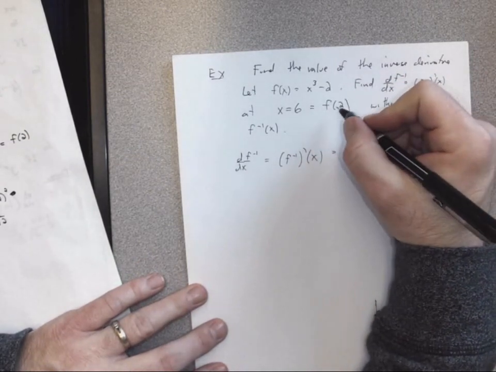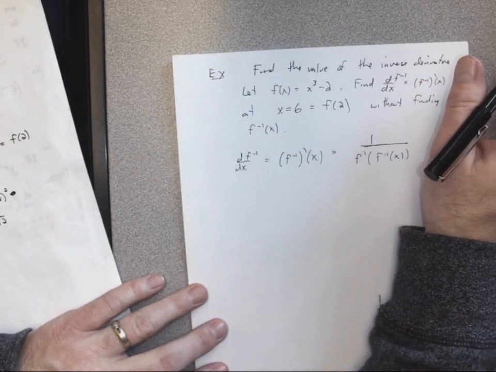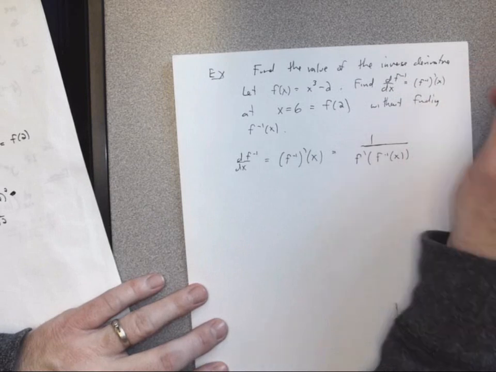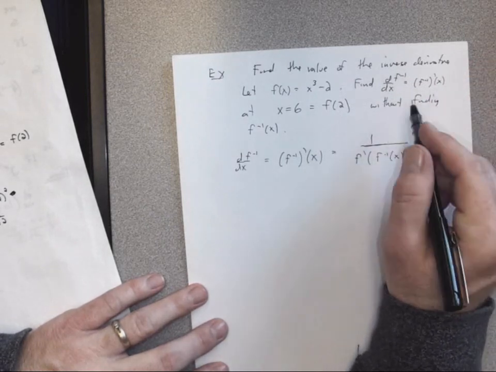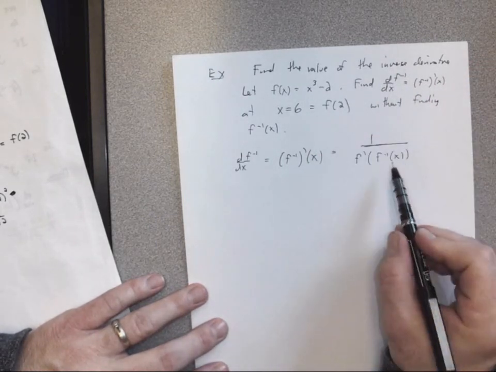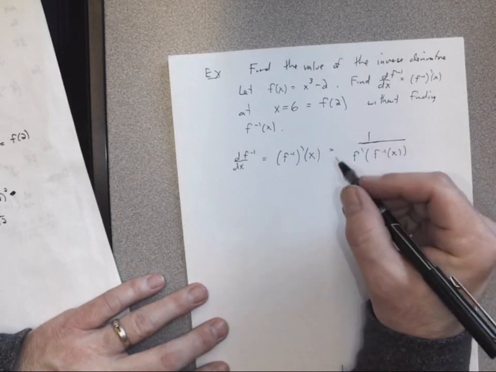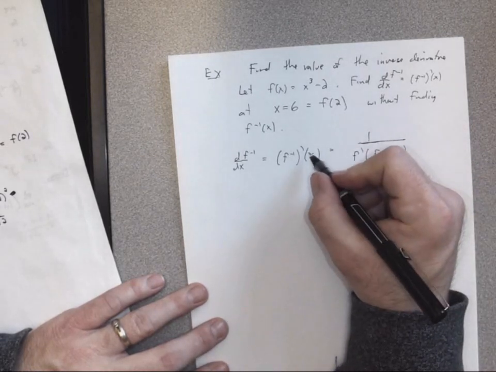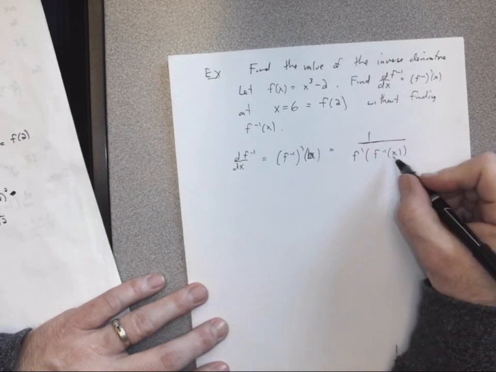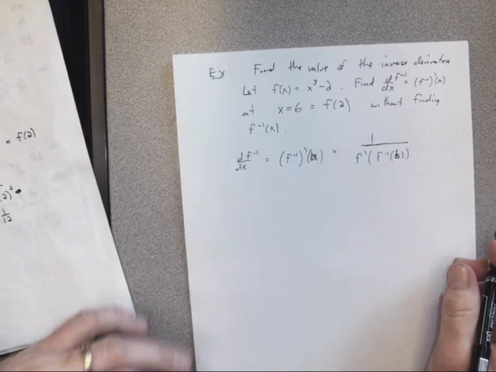So what I need is to know what f inverse is. Since we're only trying to find the value at a point, I don't have to find the inverse itself. I really just need to know that if this is f prime of b, this is going to be b as well.